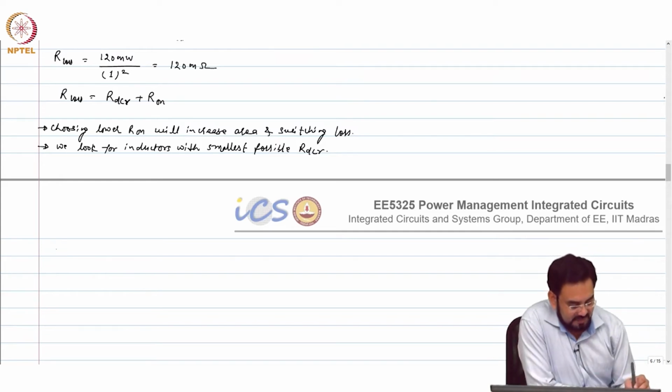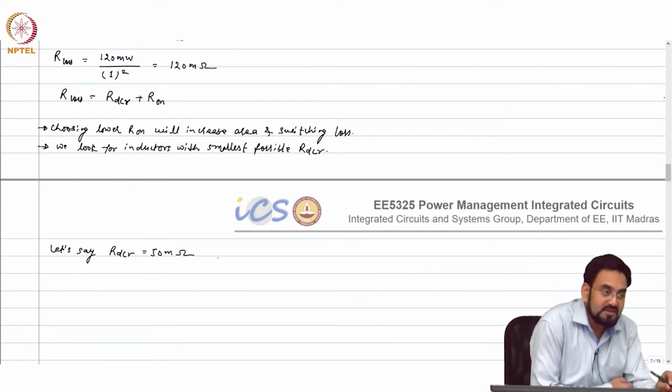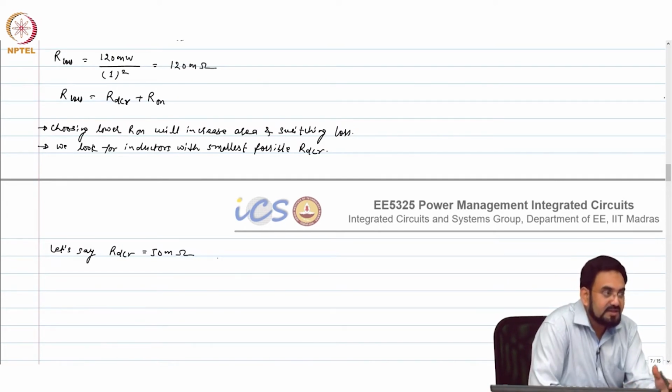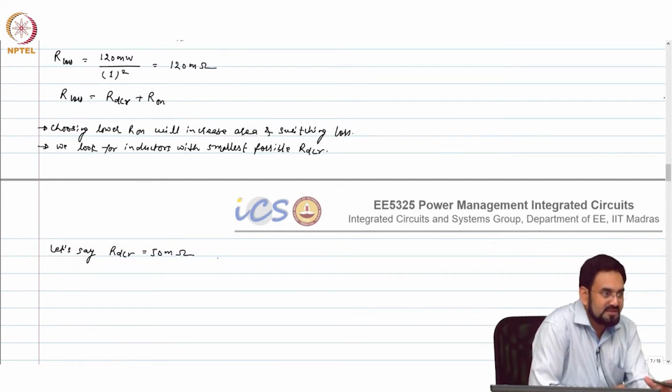So, I am just choosing a number, let us say RDCR equal to 50 milliohm, which is quite realistic number. I mean, you can find lot of inductors with 50 milliohm, but when I say I want to have an inductor with 10 or 20 milliohm, then it may be difficult. If you are talking about microhenry ranges 1 to 3 microhenry, but if inductor value goes maybe 0.47 or so, then 20-25 milli is quite possible.